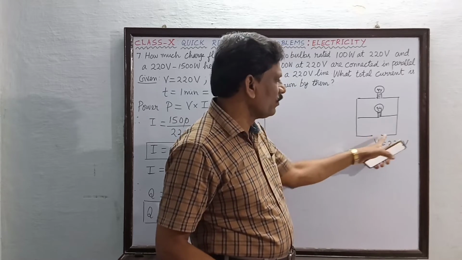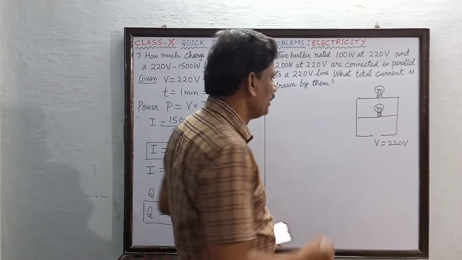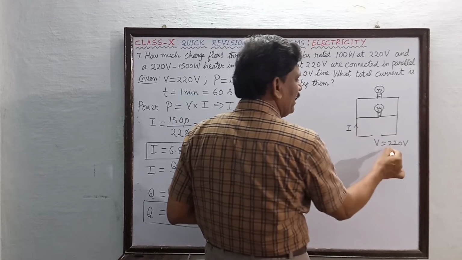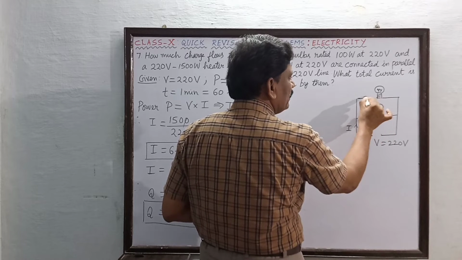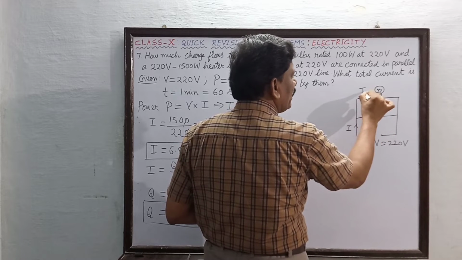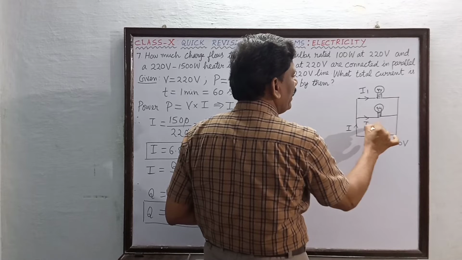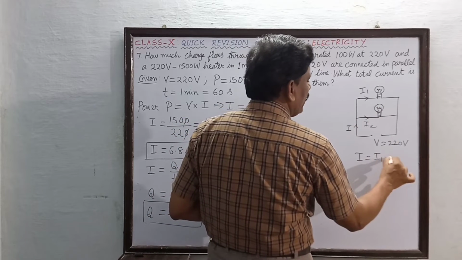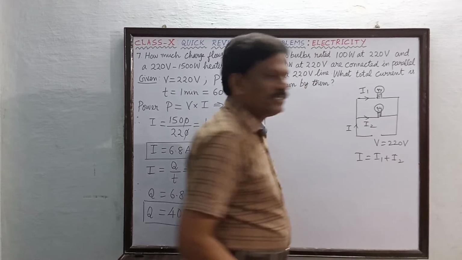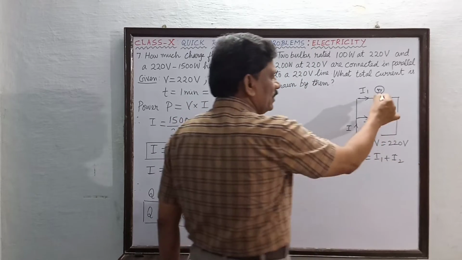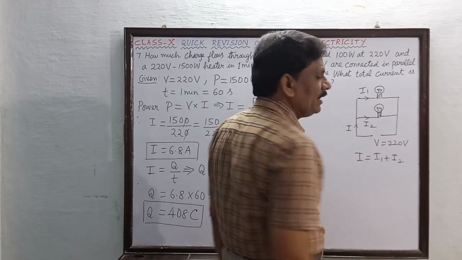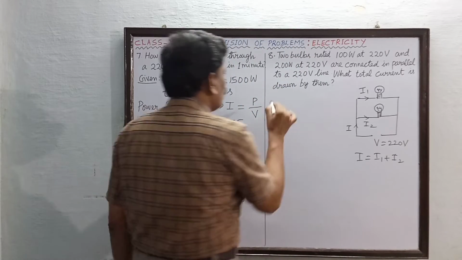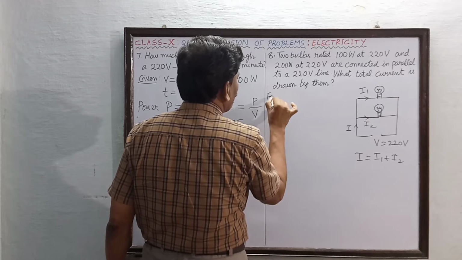So I am showing here only the two dots, terminals. If the main current supplied by the line is I, then this will divide as I1 and I2, so that the total current I is equal to I1 plus I2. And the voltage across both the bulbs will be the same because they are in parallel.